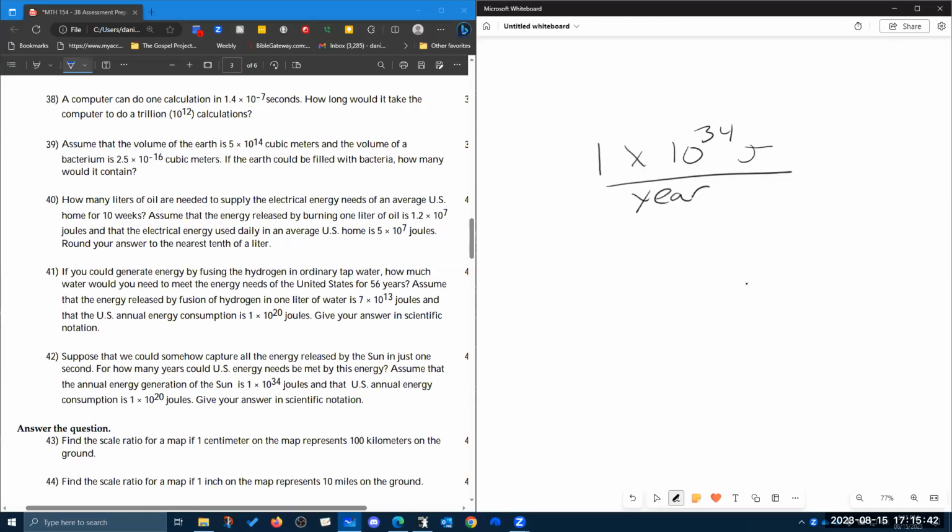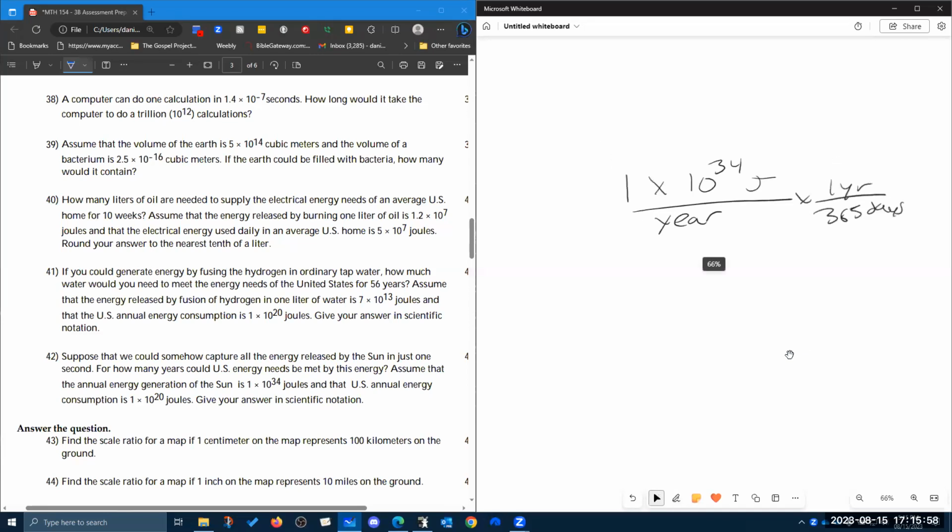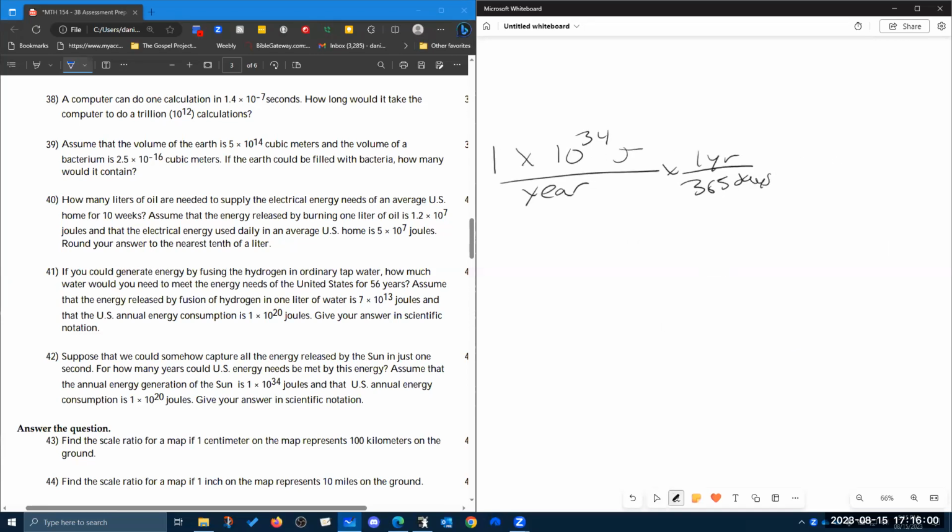And we want to change that into seconds. So we need 365 days in 1 year. And we need 24 hours in 1 day. Other way around, 1 day, 24 hours.